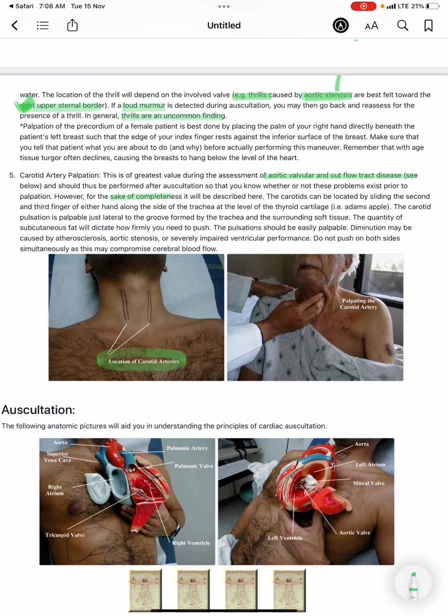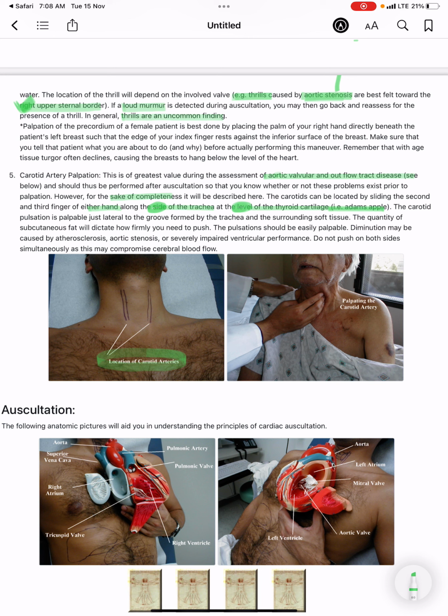The carotids can be located by sliding the second and third fingers of either hand along the side of the trachea at the level of the thyroid cartilage, that is, the Adam's apple.